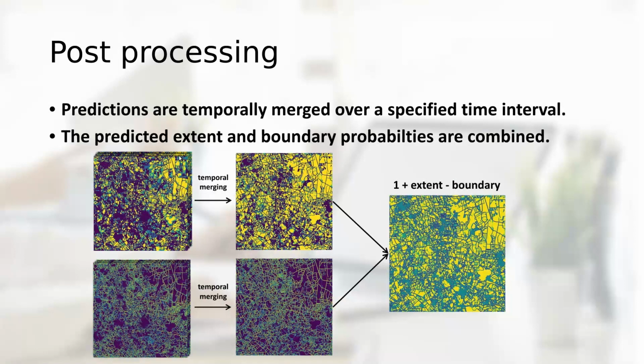After the temporal merging is done, we need to combine the extent and boundary probabilities. Currently in our post-processing, the distance that is also predicted by the model is not used, and we use only the extent and the boundary. What we do is take the pseudo probabilities returned by the extent, add one, and then take the difference with the boundary.